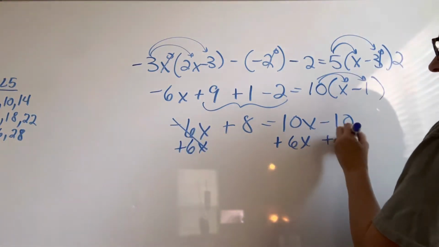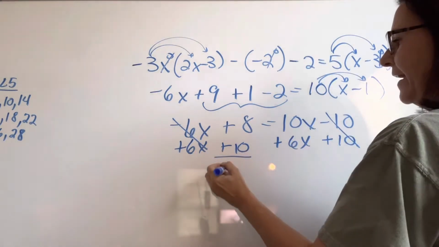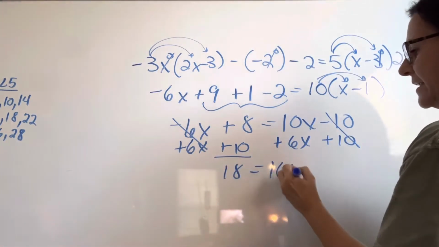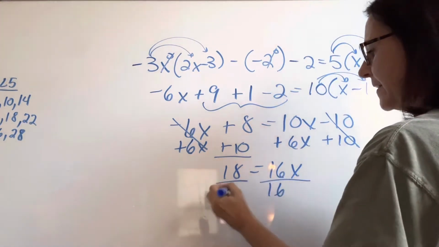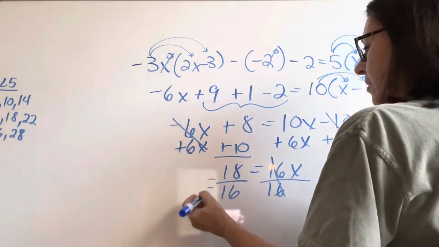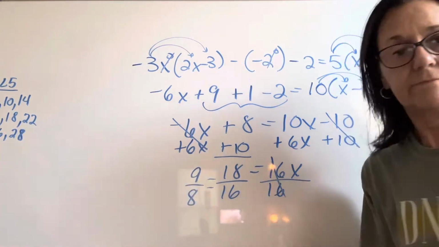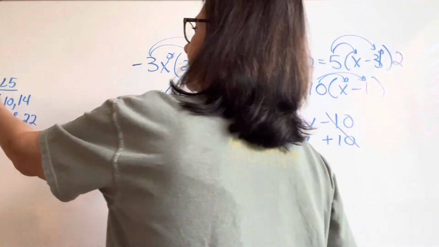And we'll add 10. So we have 18 is 16x. We'll divide both sides by 16. And then you'd simplify that. Both are divisible by 2. So that would be 9/8. All right.